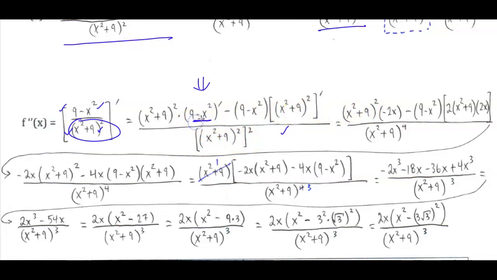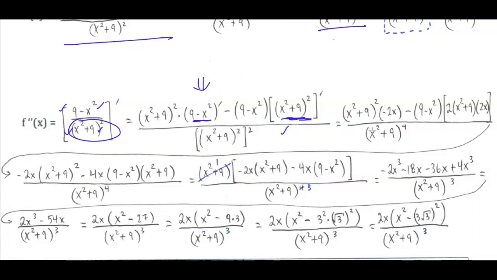So here, the derivative of the high function is just minus 2x. When I have to take the derivative of the low function, I have to use the chain rule. And so that'll be 2 times (x squared plus 9) times the derivative of the inside function, which is 2x. And of course, (x squared plus 9) squared, squared, is just (x squared plus 9) raised to the 4th.